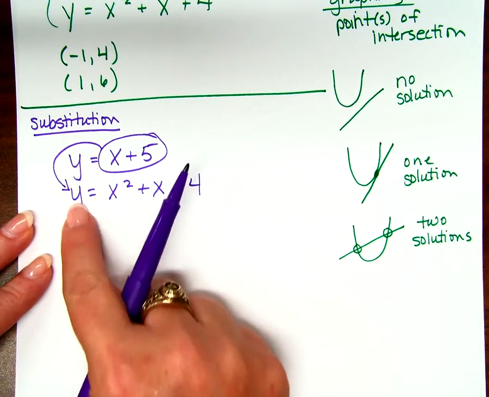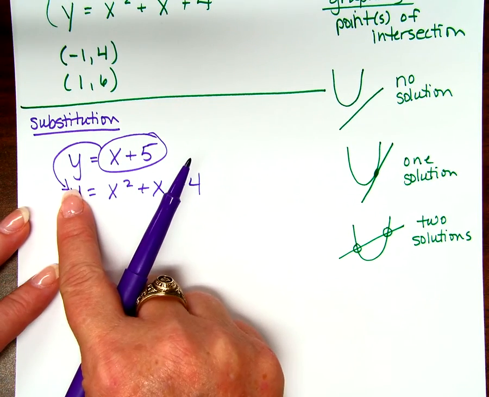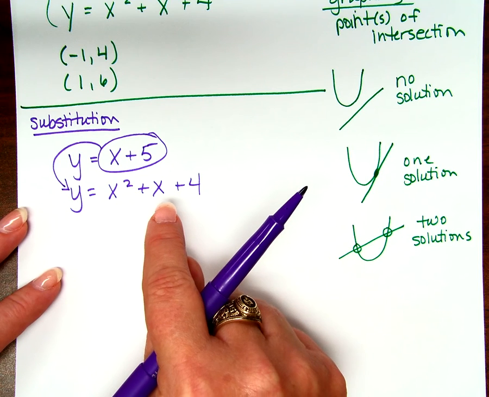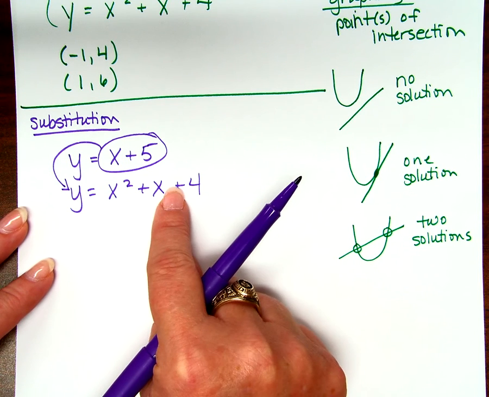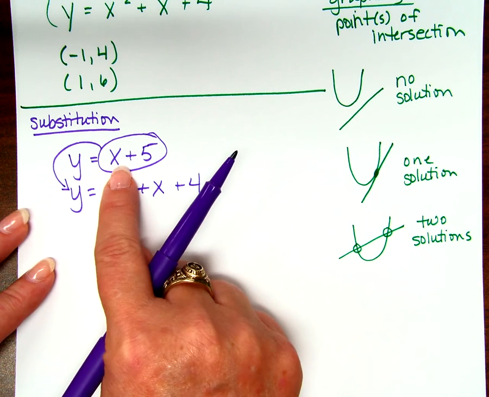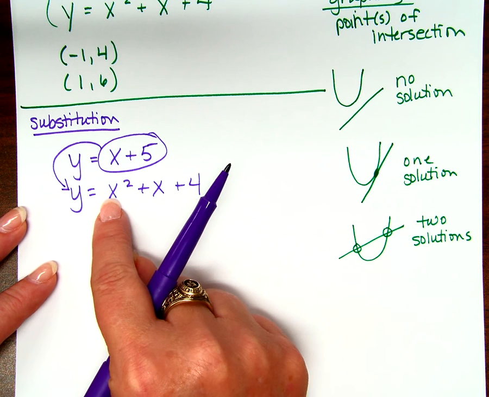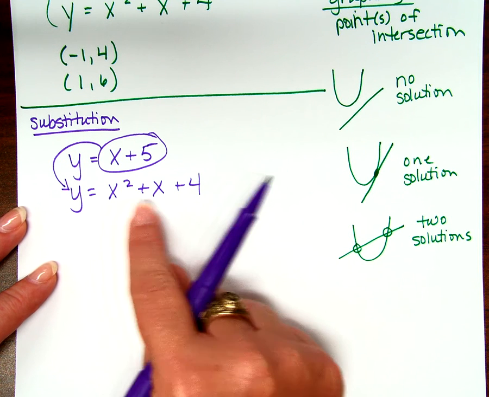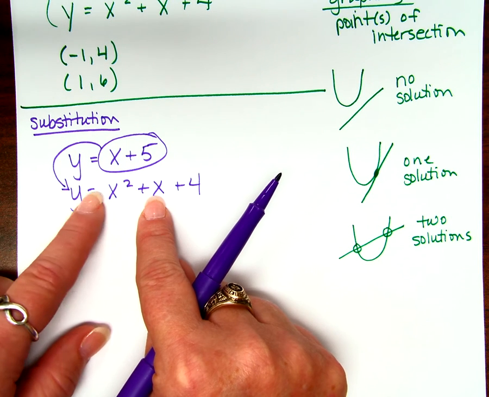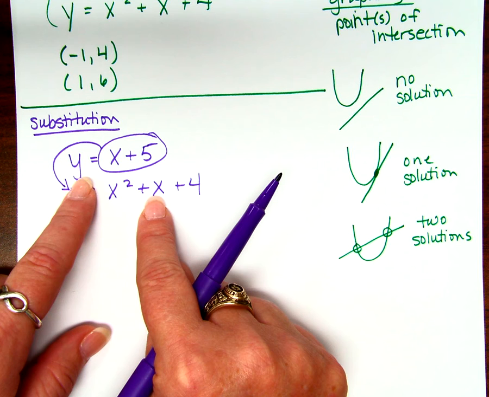Now, this time the y's are both out here, right? But sometimes it might be over here. It doesn't matter, right? What if I solve this equation for x? Where would I have to put it in? Here and here? Yeah, both places. Anywhere there's an x, if x is what's solved for.